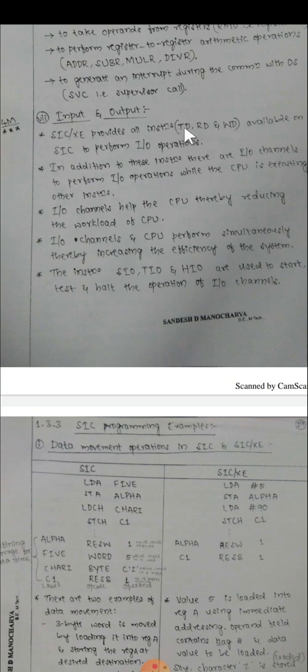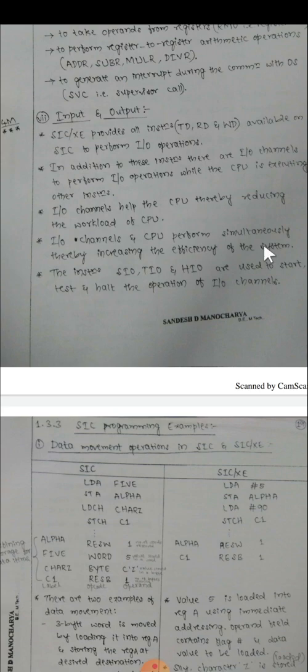In addition to TD, RD and WD, it also uses SIO, TIO and HIO to control the input output channels, and the input output channels perform input output operations. So some workload of the CPU will be reduced. Since the CPU as well as input output channels work simultaneously, we can increase the efficiency of the system in SIC XC.